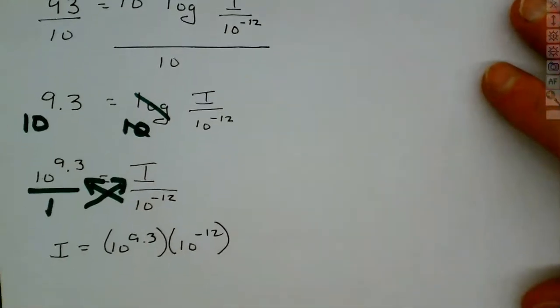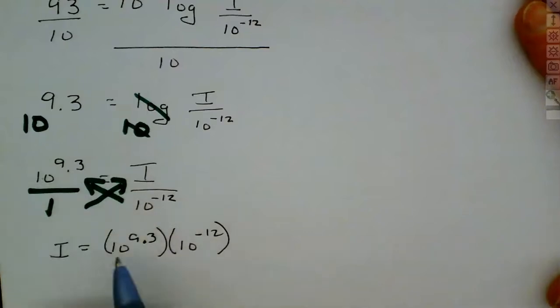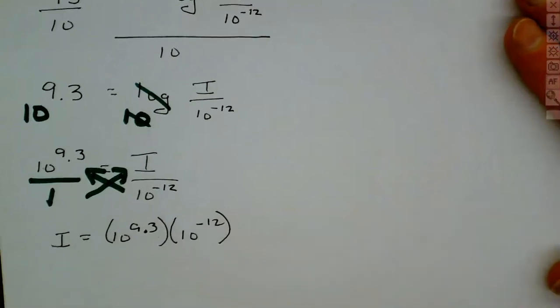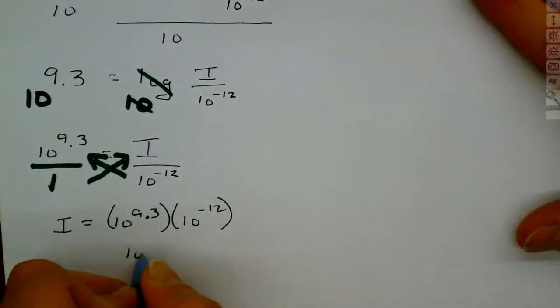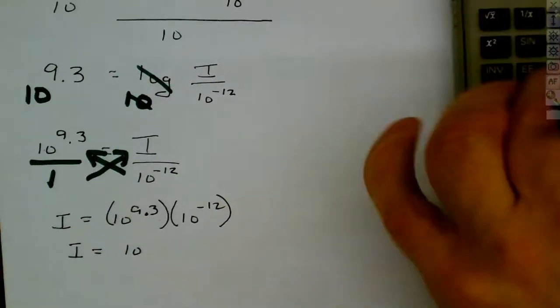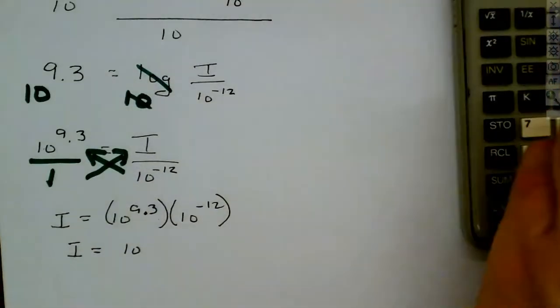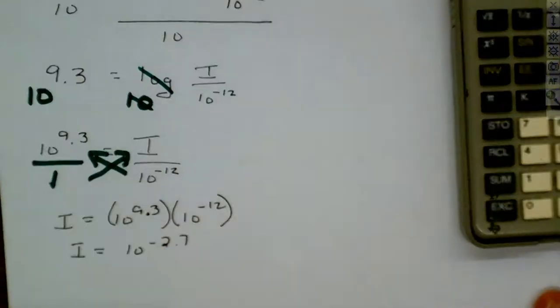And hopefully we remember these bases are the what? Same. So that means those exponents can just be added together because they have a common base of 10. And that would give you then I equals 10. We add those together, 9.3 minus 12. That's going to be a minus 2.7.